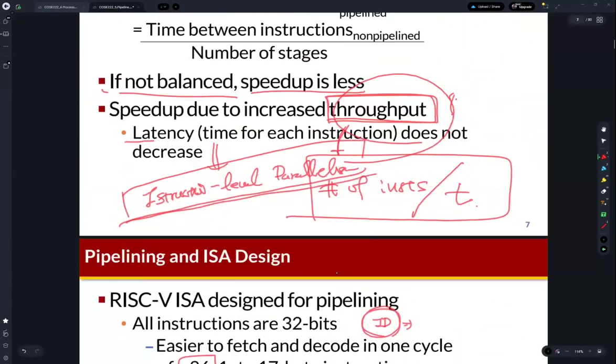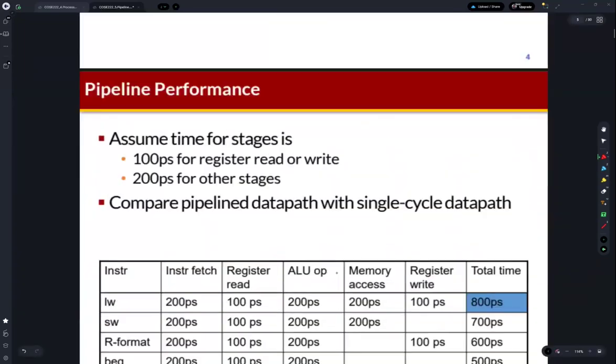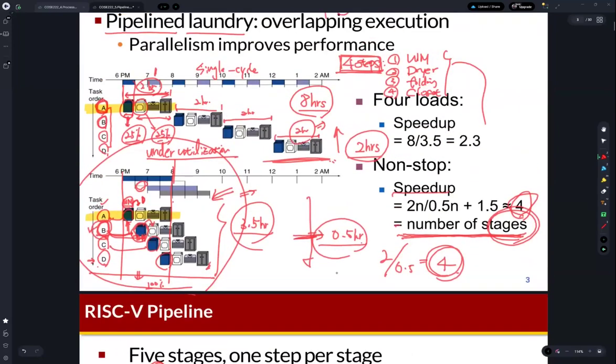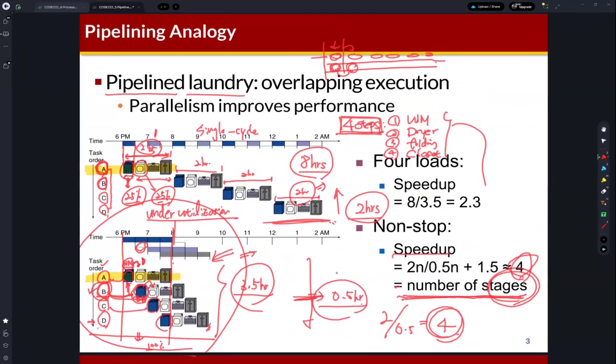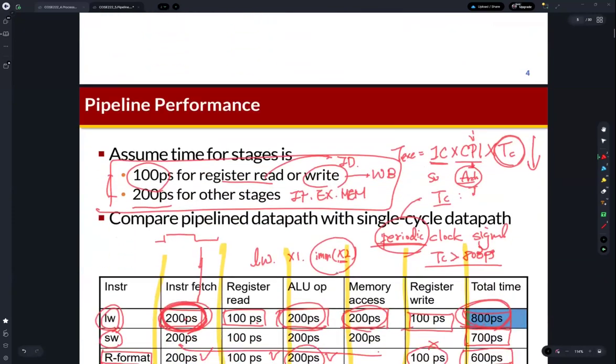Like this analogy, using a pipelining manner, we can improve the performance. And as I mentioned, in the real world we also utilize pipelining, right? I believe you can easily understand the concept of pipelining. Okay.